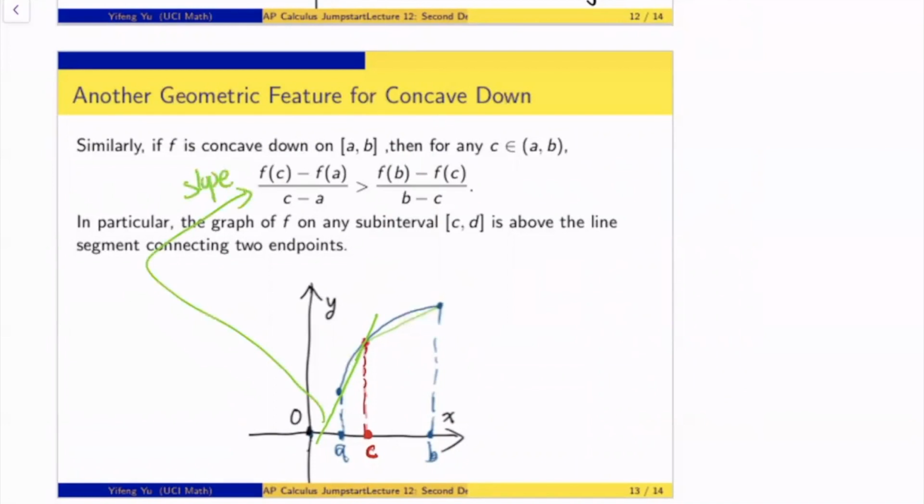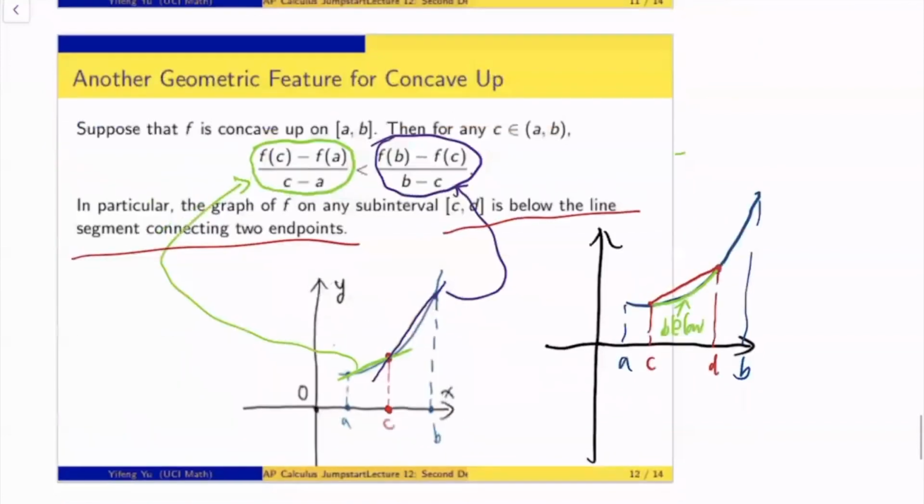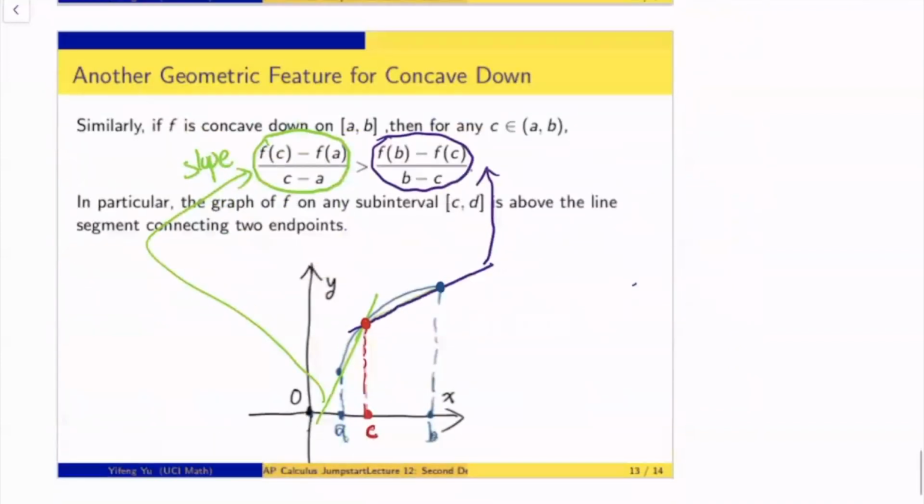And then if I look at the line connecting this point and the point on the right, obviously the slope of the one on the left is greater than the one on the right. So this is different from the concave up one.